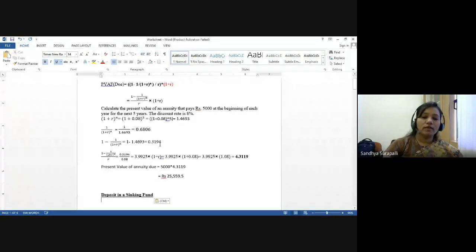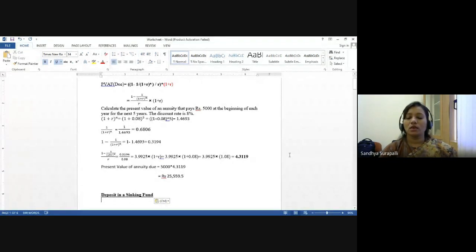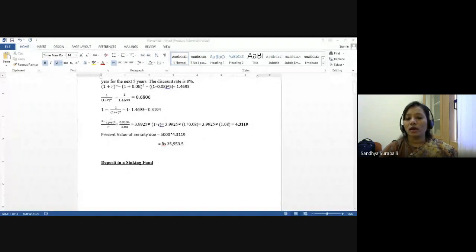Suppose you know that a machine costs so and so rupees. How much do you have to start depositing now in the sinking fund? It is the same as how much to save when you want so much balance in the future.